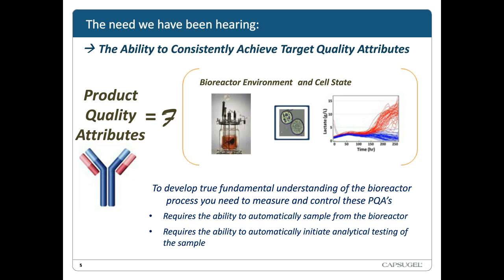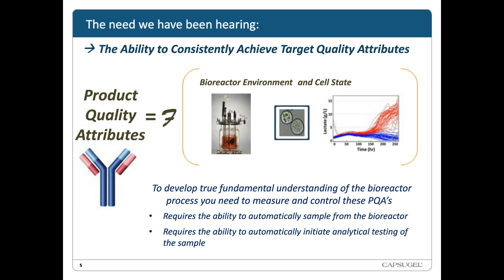That's the media you put in, the temperature, the RPM, pH, those parameters. But it's also a matter of the cell state, like this red and blue graph from Cabor of a Journal of Biotechnology. You can see that cells that look the same initially with regard to lactate output can diverge wildly because there's a different cell state.